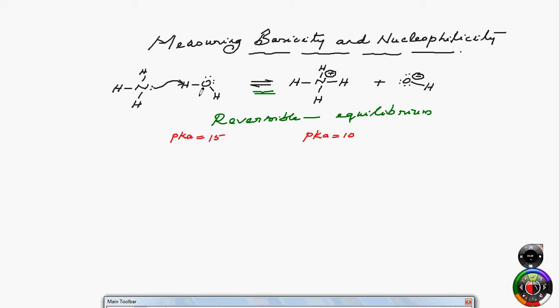Now this is an acid because it is donating a proton. This is an acid again because it is donating a proton.